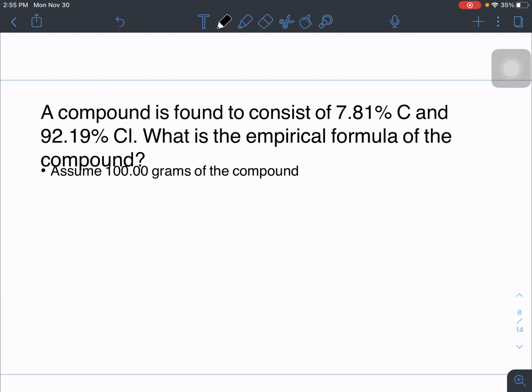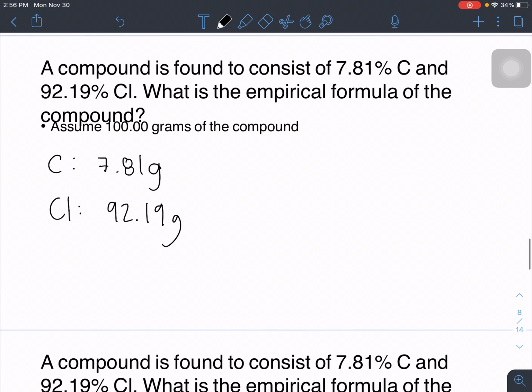For carbon, that would be 7.81 grams, since 7.81% of 100 grams is 7.81 grams. And for chlorine, that will be 92.19 grams. So that is the mass of each element.